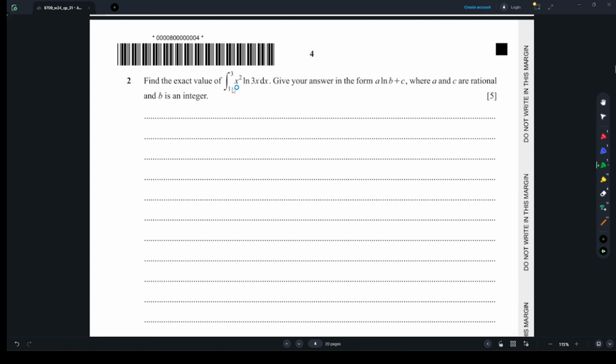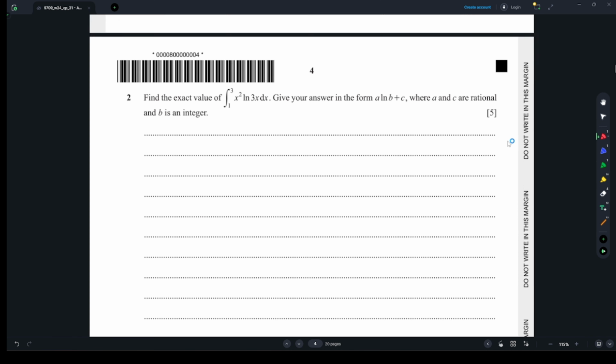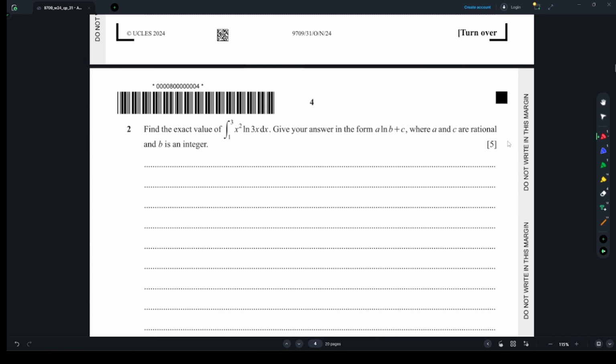So in that case you have to definitely use integration by parts. I hope you remember the formula for integration by parts. You can even see it in the equation book. So the integral of u dv/dx equals u times v minus the integral of v du/dx. So this is integration by parts.